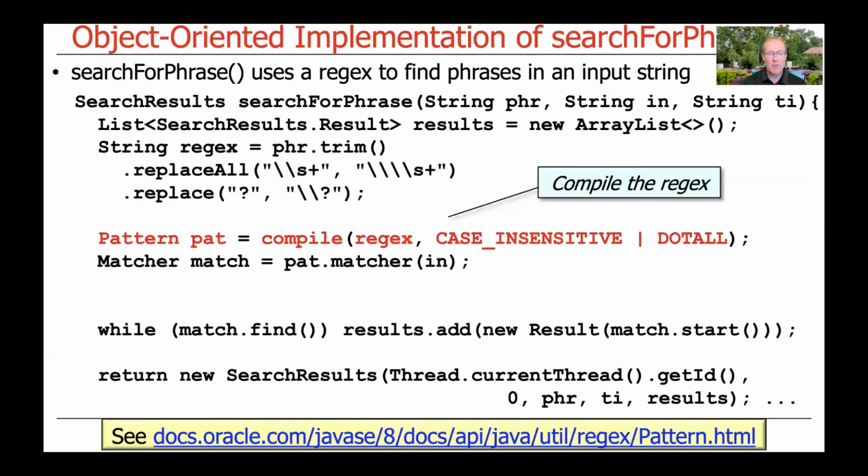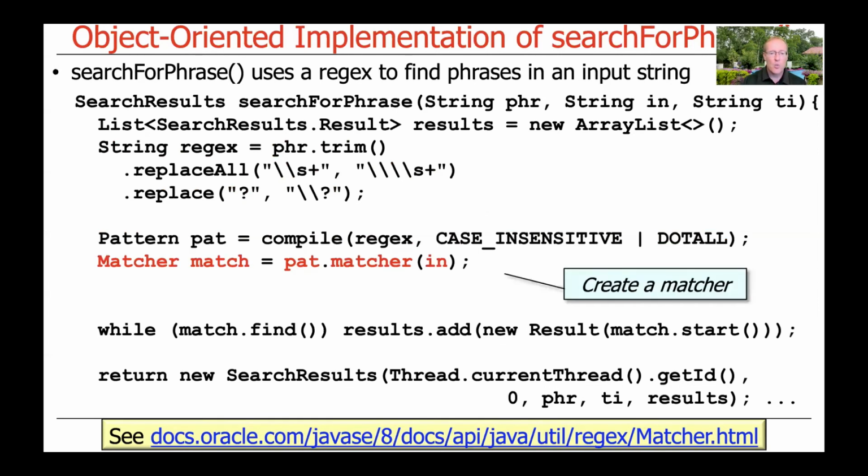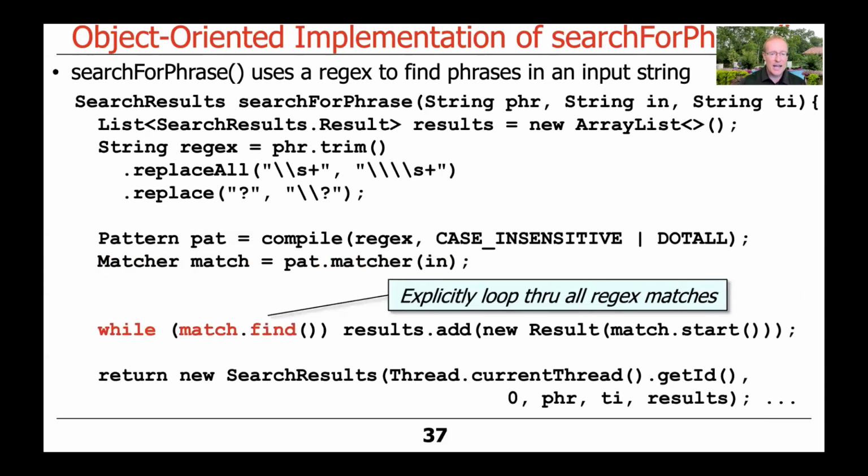And then we compile that regular expression in a way that will be case insensitive and will work across lines. We then associate the regular expression pattern that we just compiled with the input string, which is the work of Shakespeare. And then we go into an explicit loop. Once again, we're looping, we're explicitly iterating, and we're looking essentially for all the places where that phrase occurs in that input string by using the find method on the matcher.